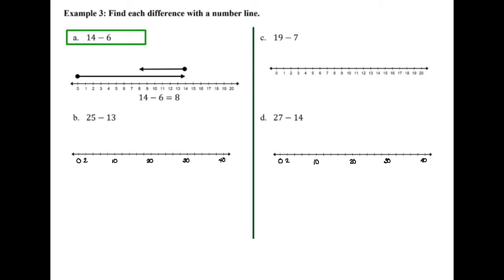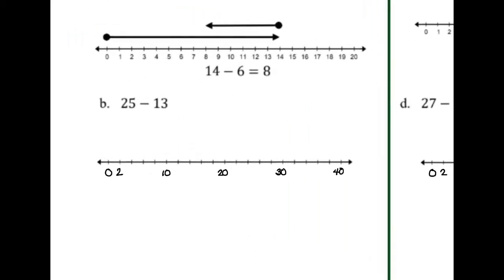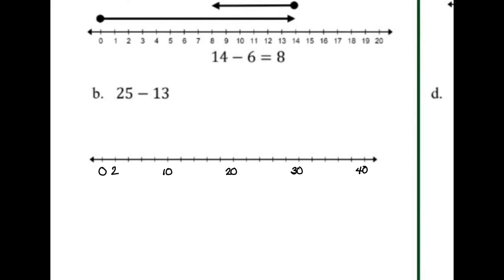I'm going to zoom in on that one a little bit so you can see it easier. We want to start at 25. So we start at 0 and go up to 20, 22, 24, 25 is right there. Now I want to subtract 13, so I'm going to start here and go backwards 13.